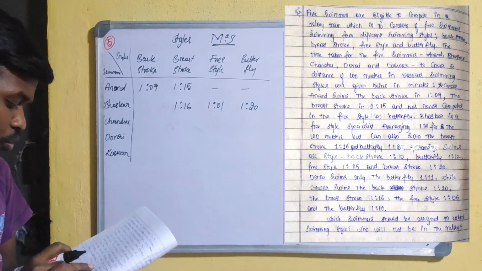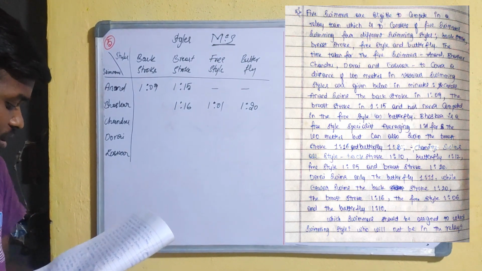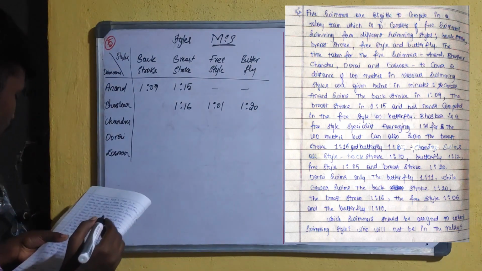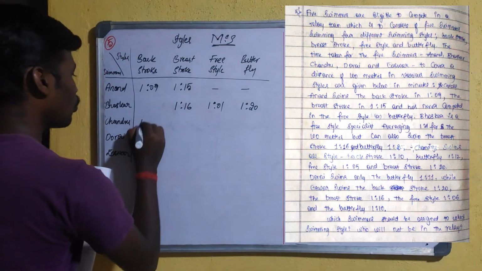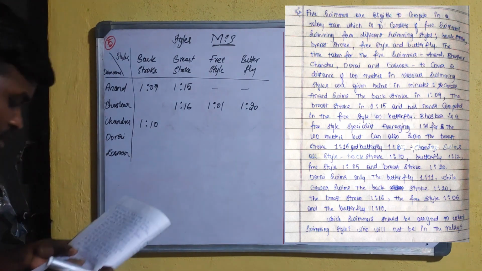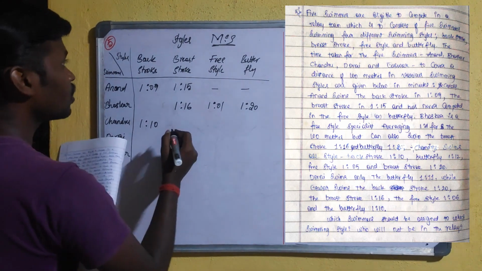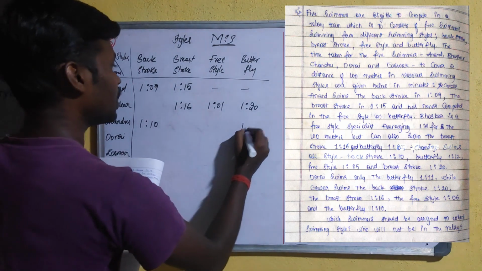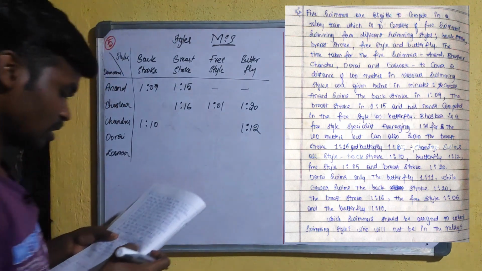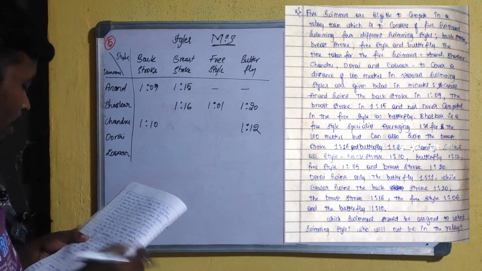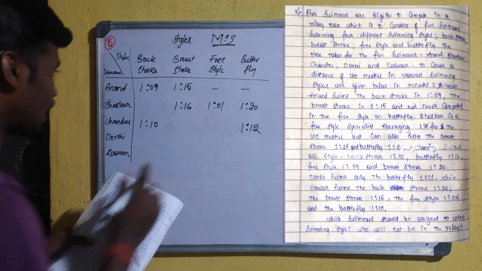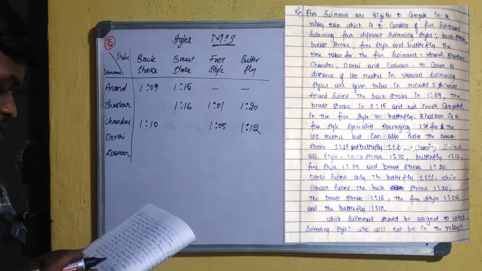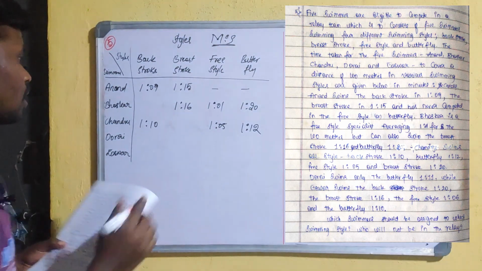Chandru swims all styles: backstroke 1 minute 10 seconds, butterfly, the last style, 1 minute 12 seconds, freestyle 1 minute 5 seconds, and breaststroke 1 minute 20 seconds.